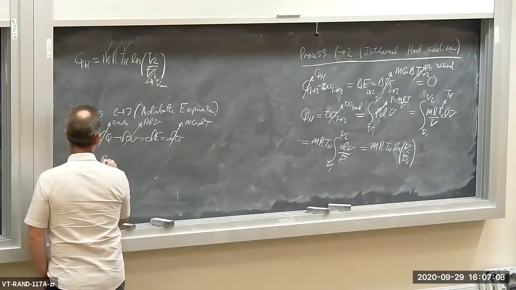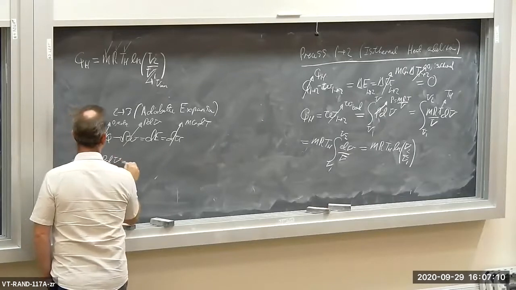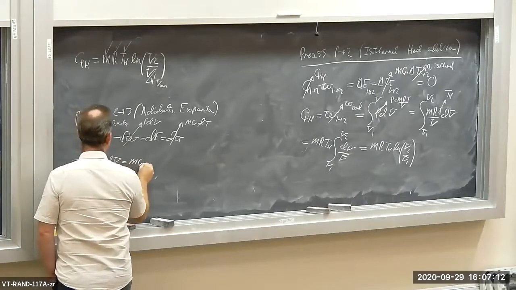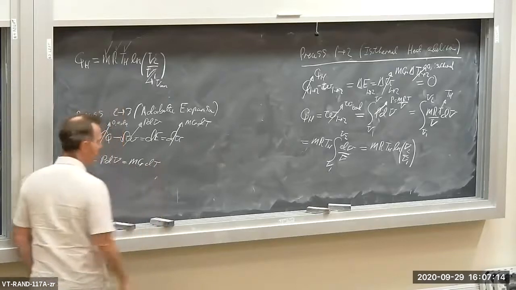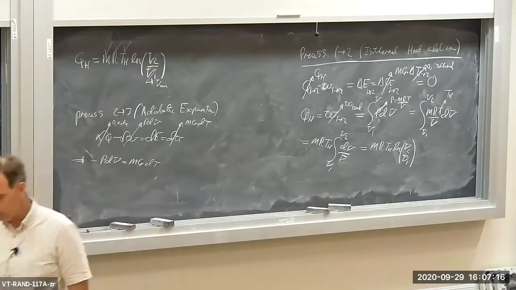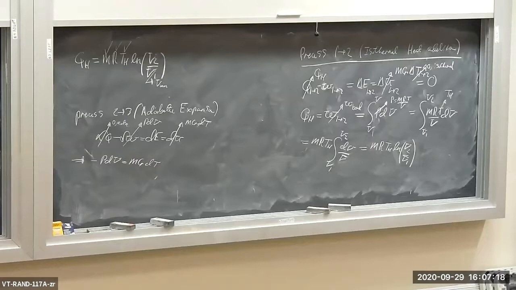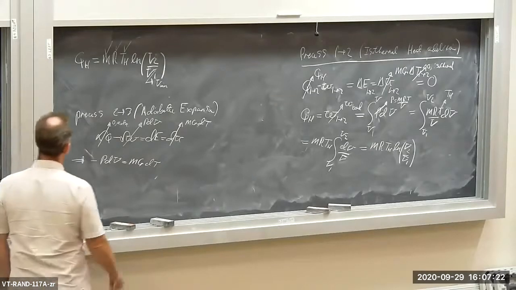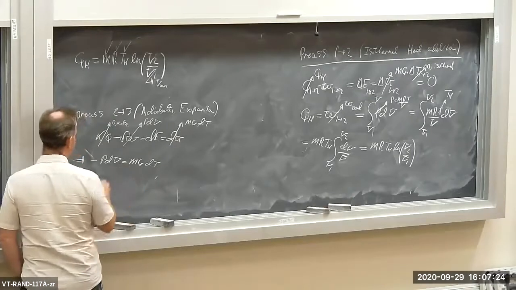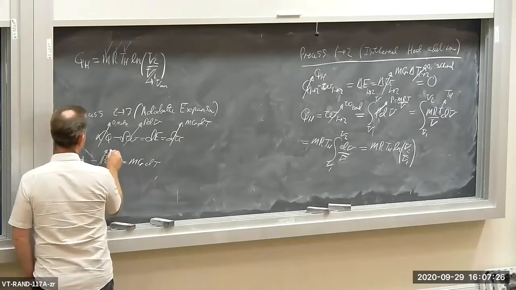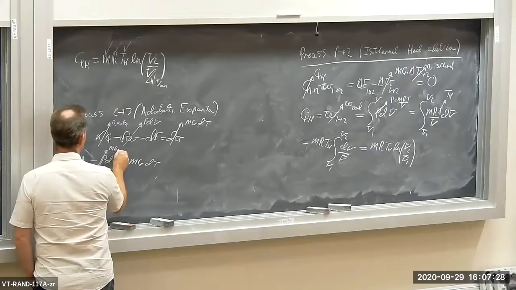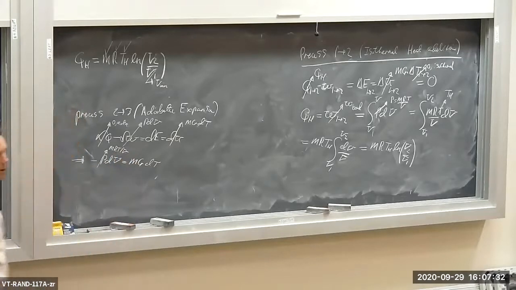I got minus PdV is equal to mCV dT. Now, what's pressure here? From the ideal gas law, pressure is equal to mRT over volume.